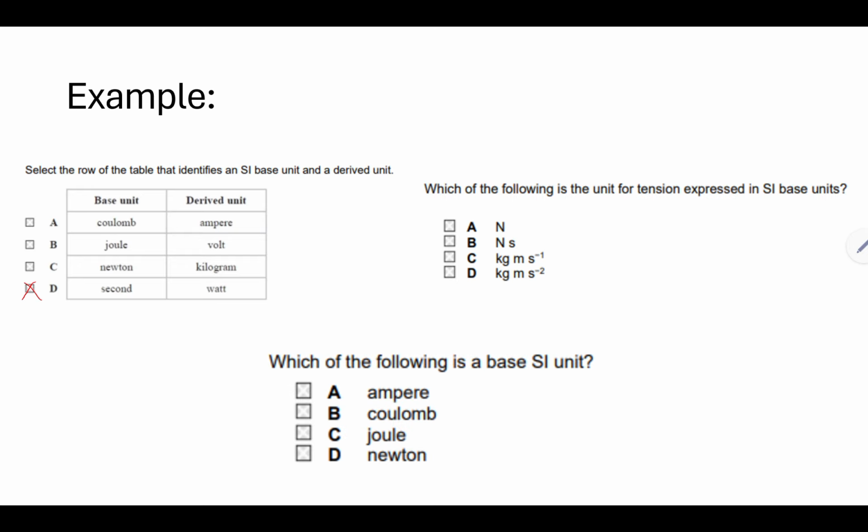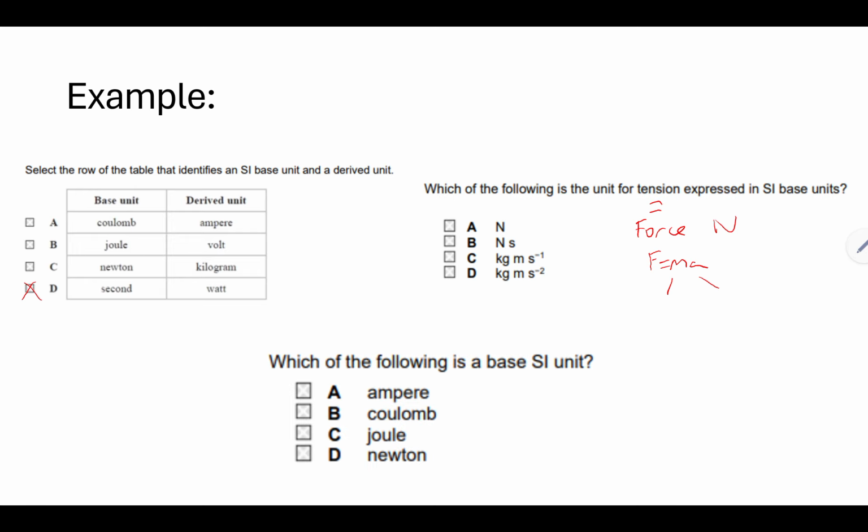So the next question is, which of the following is a unit for tension expressed in SI base units? Tension is a force, and force is measured in newtons. And we know that newtons is a derived unit. So if we go back to Newton's second law, we can see that F equals ma, where m equals mass and a equals acceleration.